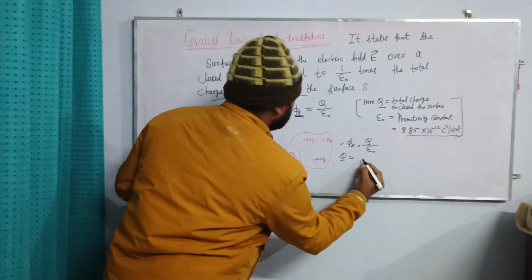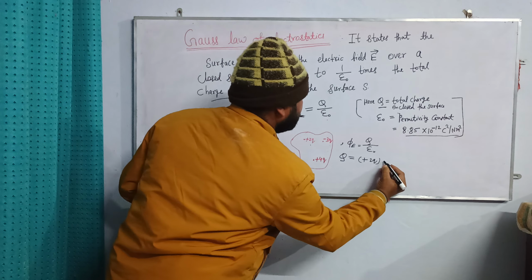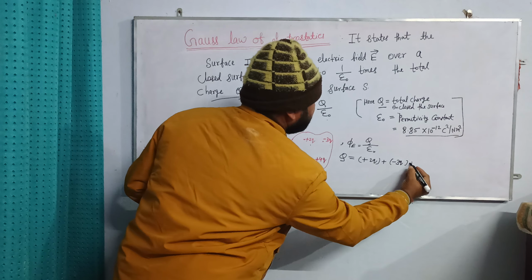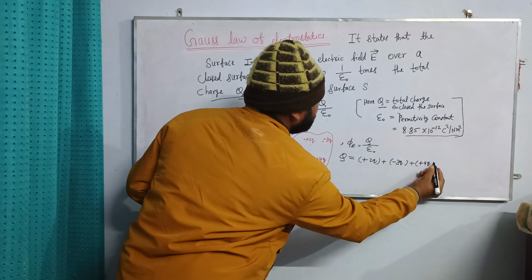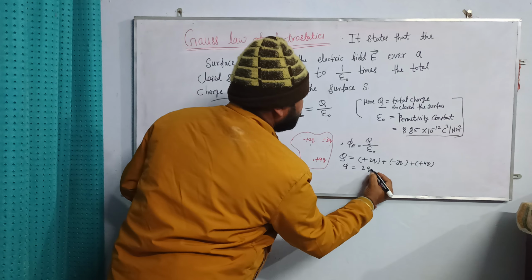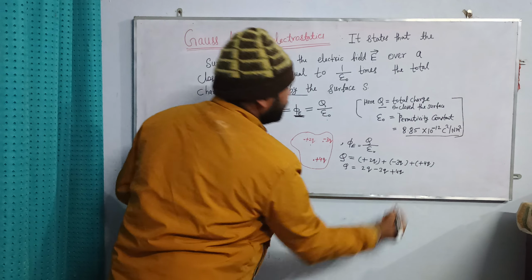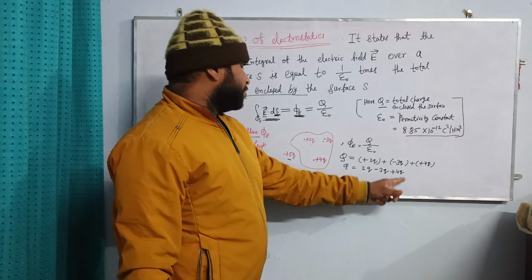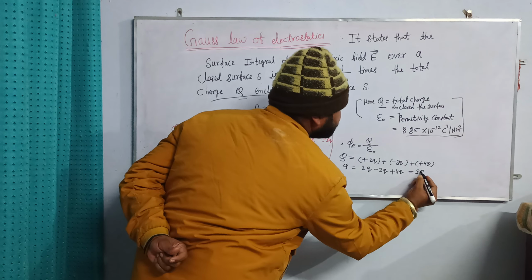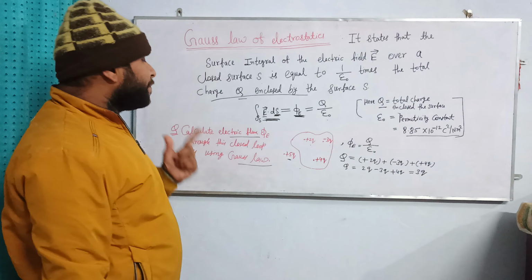So take the algebraic sum. What is the value of Q? 2q minus 3q plus 4q. 2 plus 4 is 6, minus 3 equals 3q. It is the value of Q.